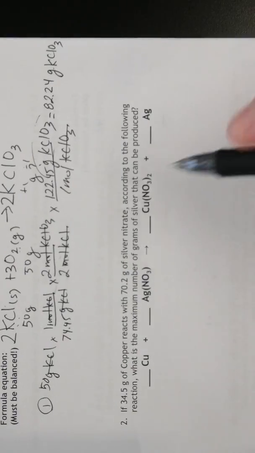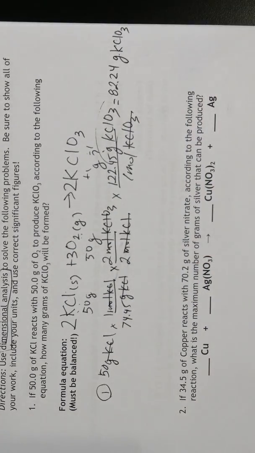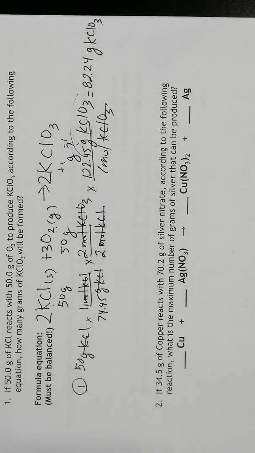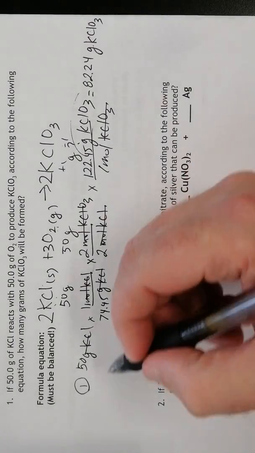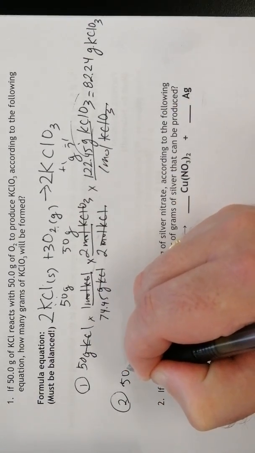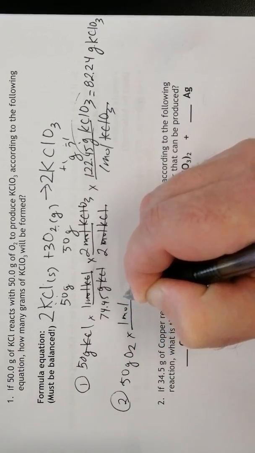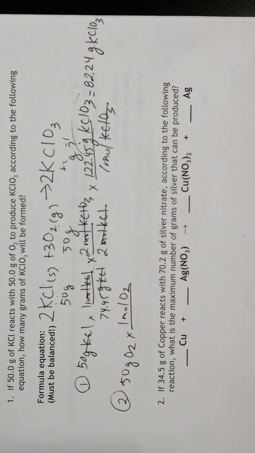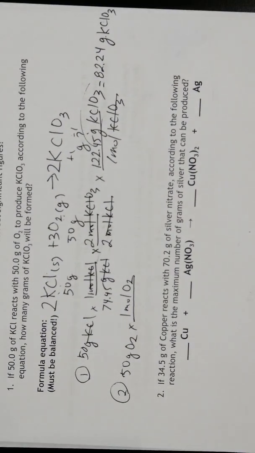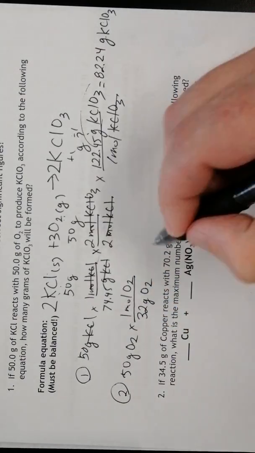Maybe. But we're also told we're given 50 grams of diatomic oxygen gas. So we need to see if we use up all the oxygen gas, what's the maximum amount of potassium chlorate we can make. So we have to do another calculation using the oxygen. So 50 grams of O2 multiplied by 1 mole O2. And remember, this is diatomic, so that's 16 twice, so that's 32 grams of O2.